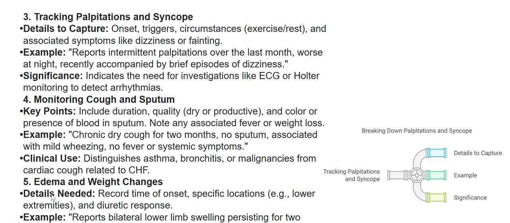Edema and weight changes. Details needed: record time of onset, specific locations, for example, lower extremities, and diuretic response. Example: reports bilateral lower limb swelling persisting for 2 weeks, worsening despite furosemide use.